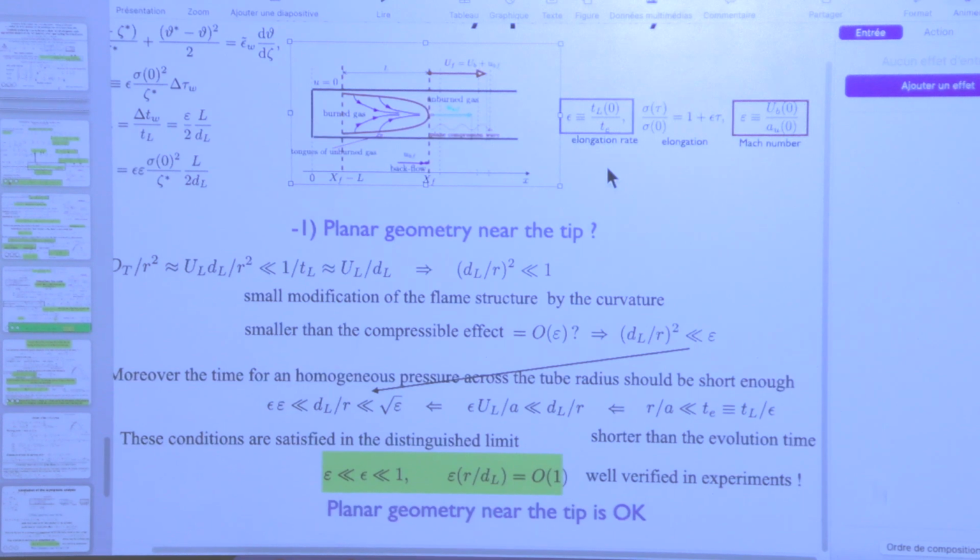Because you are working with a small elongation rate, the planar geometry analysis near the tip is valid anytime you have this relation, saying that the Mach number of the laminar flame velocity is smaller than the elongation rate, which should also be smaller than 1.